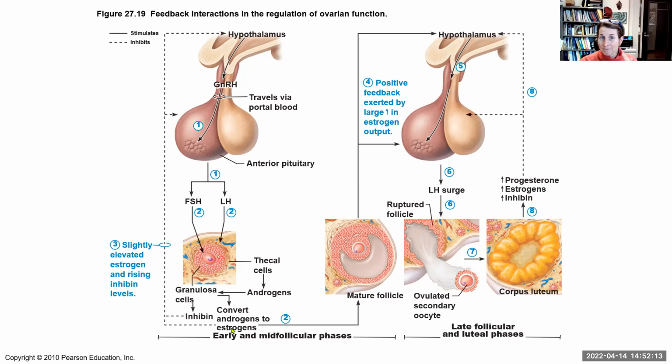So the estrogen, just like testosterone in the male reproductive system, we're going to follow this dashed line, and it's going to cause this feedback loop, and that's going to cause the GnRH and the FSH to decline a bit. Also, inhibin is playing the same role. That's going to inhibit the release of GnRH and FSH.